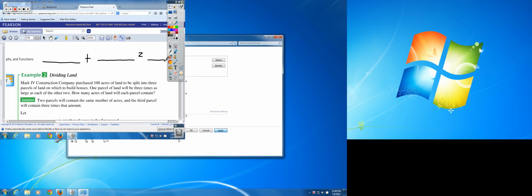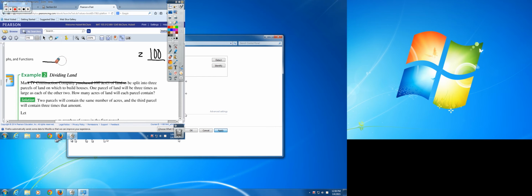What goes on the right-hand side? 100. 100 goes on the right-hand side. Half the problem is done. Now, we got 3 partials. Instead of 2, we got 3.